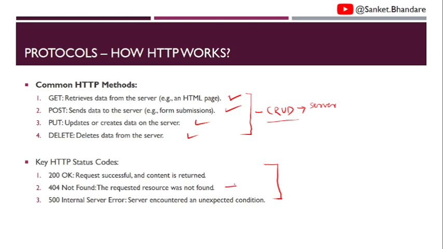This requested resource is not found. When HTTP status code is 200 OK, that means your request is successful and your content is returned back to the browser. 500 internal server error is nothing but server encountered an unexpected condition. So if your server itself has some issues, in that case you will get this error.